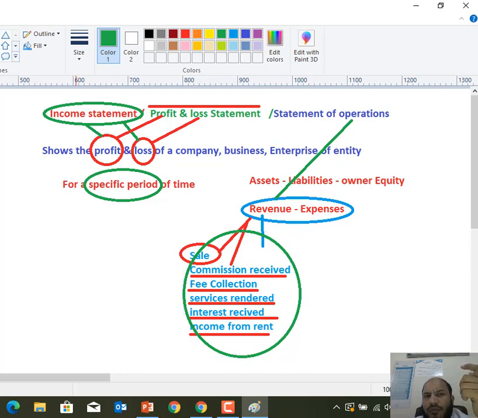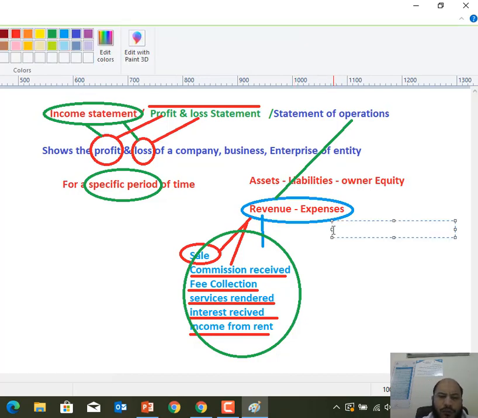Or in other words, we may also say, for example, sometimes we may pay salaries. These may be our expenses, salaries to our employees. We may, for example, pay rent expenses. We may rent a car. Sometimes we may, for example, eat something, so food expenses.